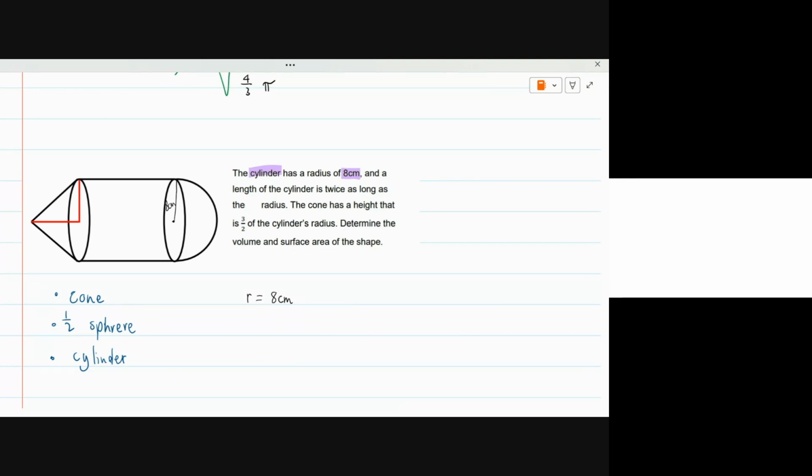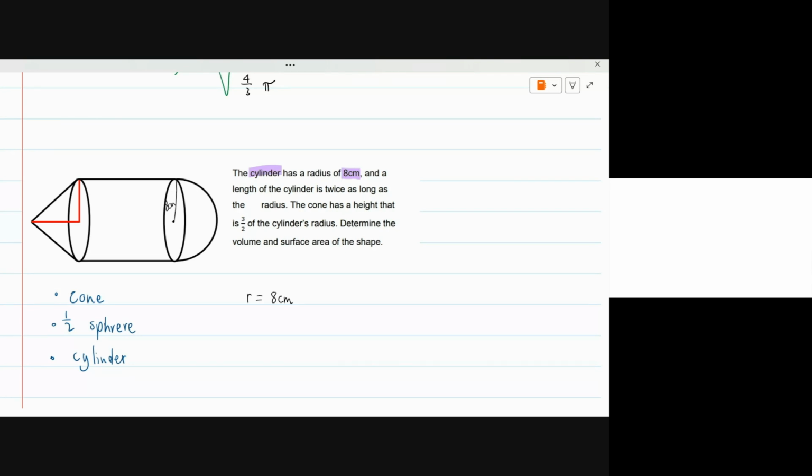We have the full cylinder, and its radius is 8 centimeters. But what is the cylinder connected to? It's connected to the cone, and it's also connected to the half sphere.